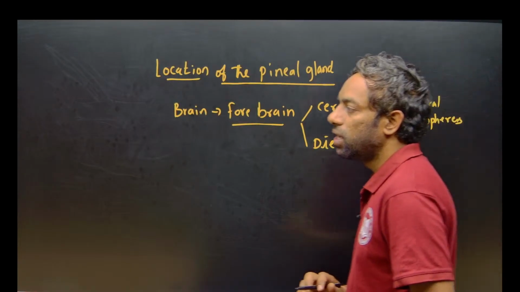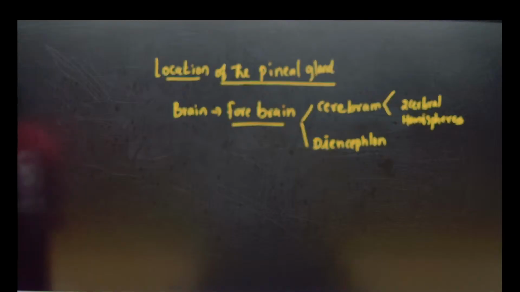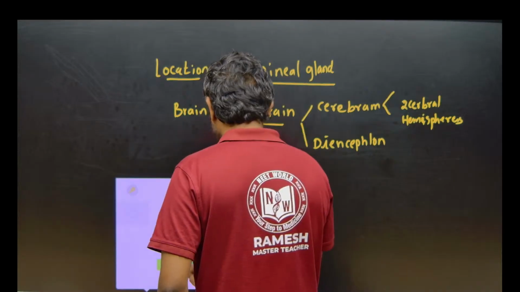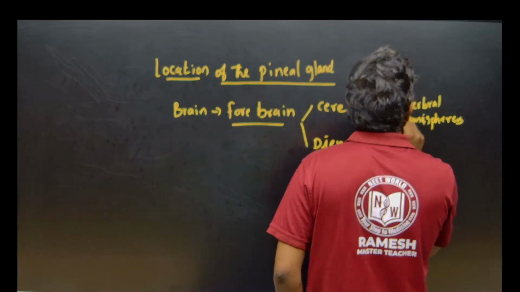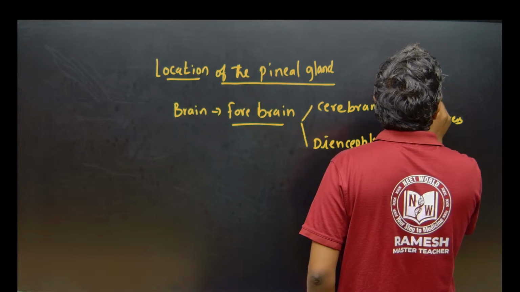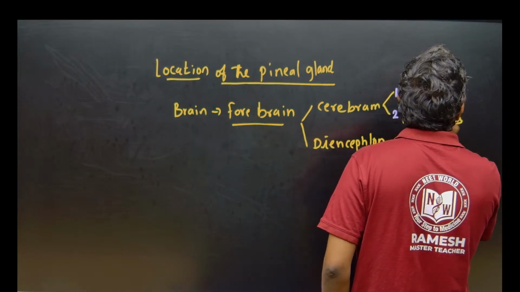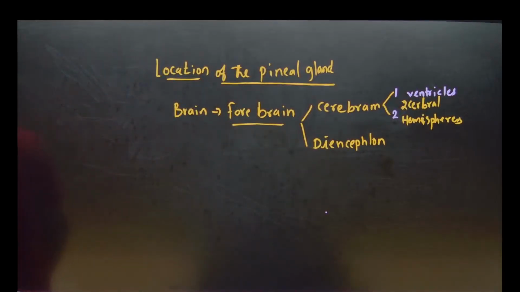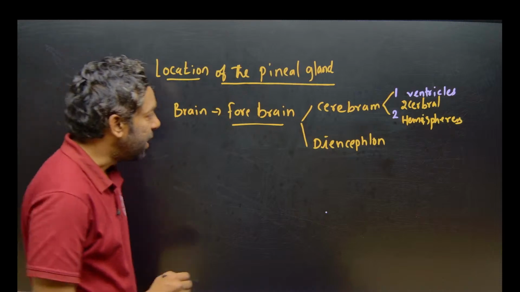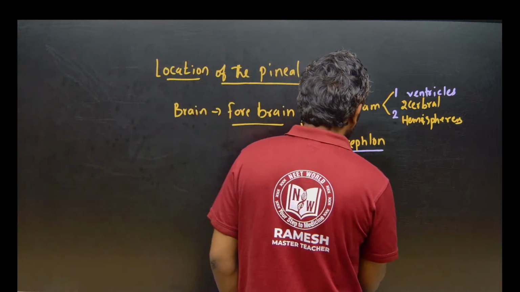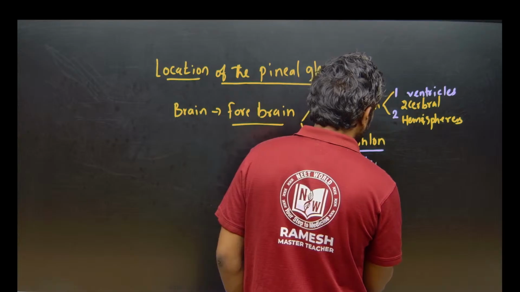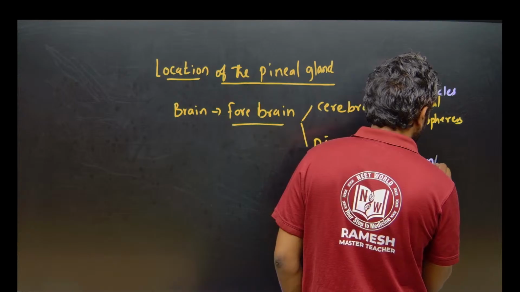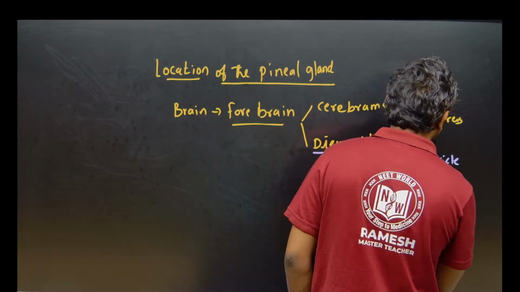These 2 cerebral hemispheres contain the first and second ventricles in the brain. And the diencephalon is located at the third ventricle.